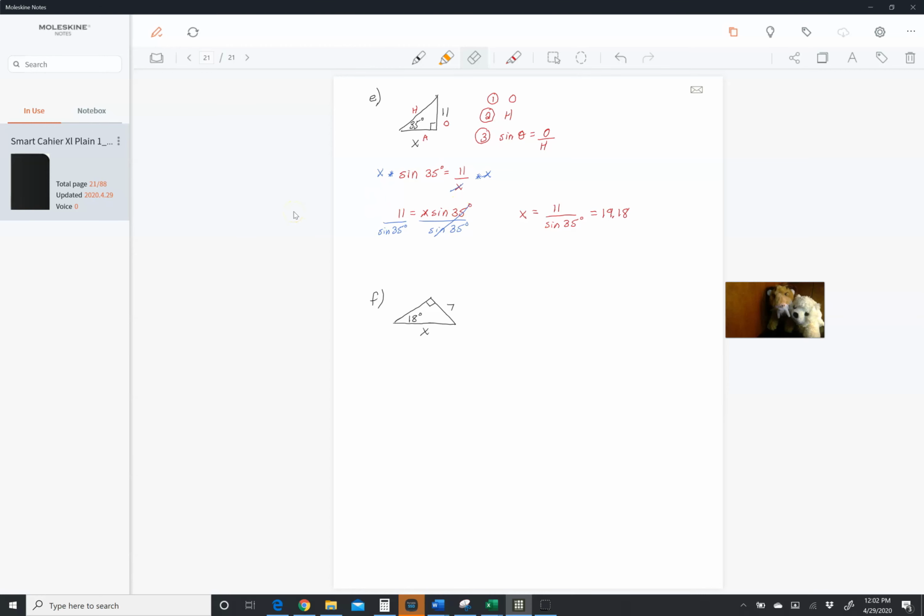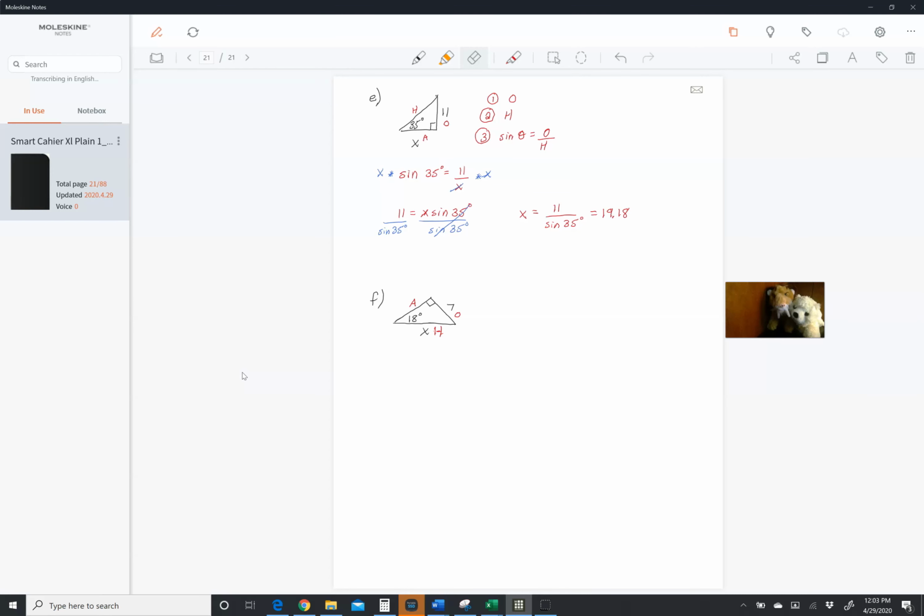Let's do the next one. So first thing that we do is we label. So the x is the hypotenuse. The 7 is the opposite. Now you don't even need to put in the a for adjacent because that side is totally irrelevant, but it doesn't hurt, okay?